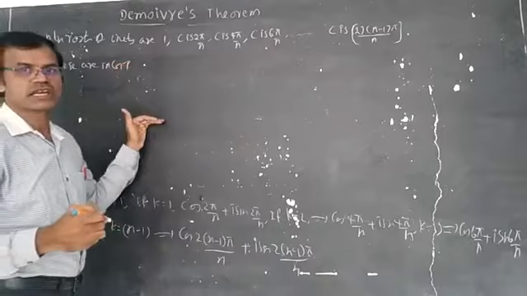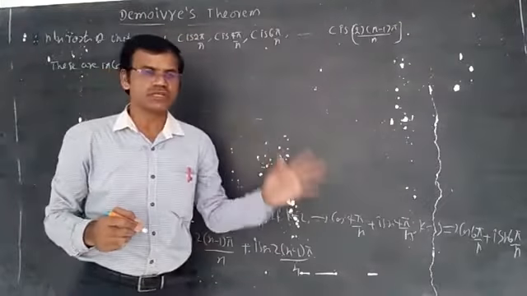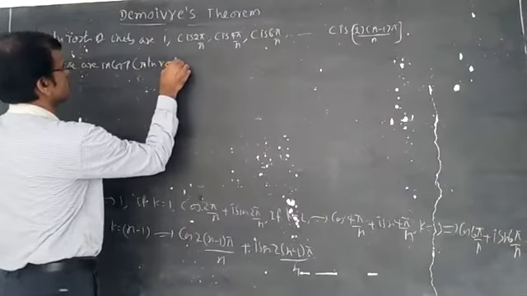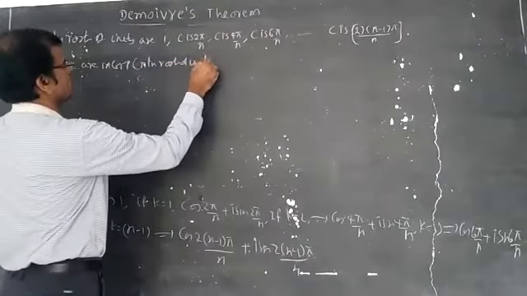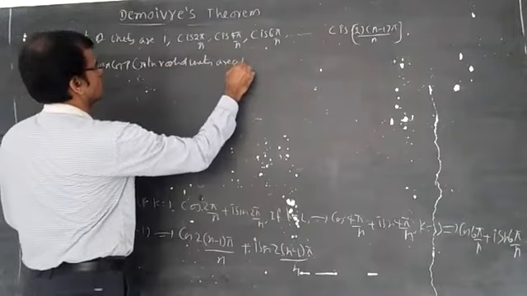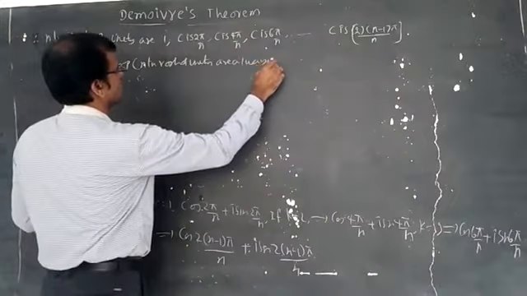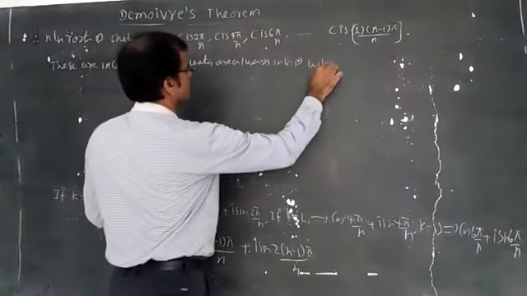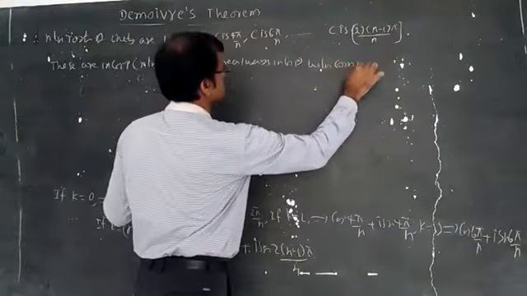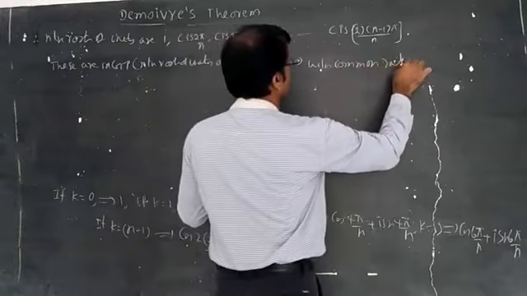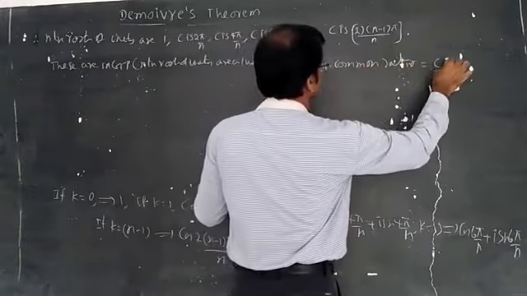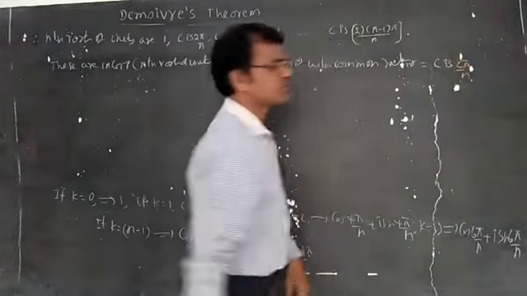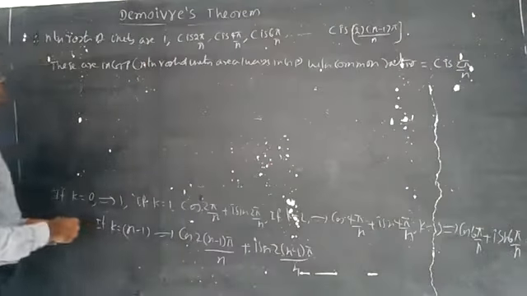So nth roots of unity are always in GP with common ratio equal to cis 2 pi by n.